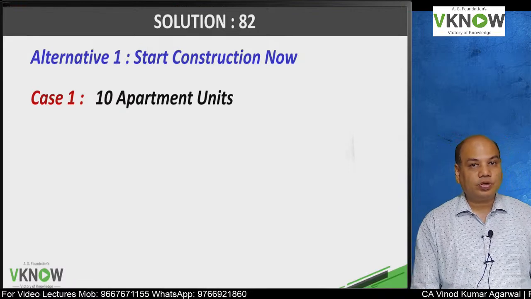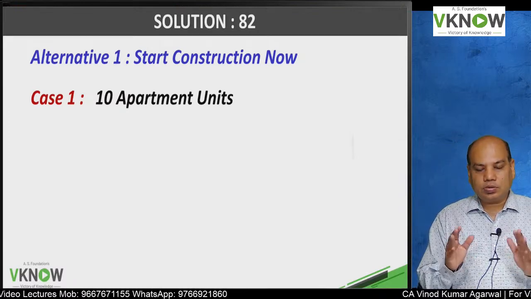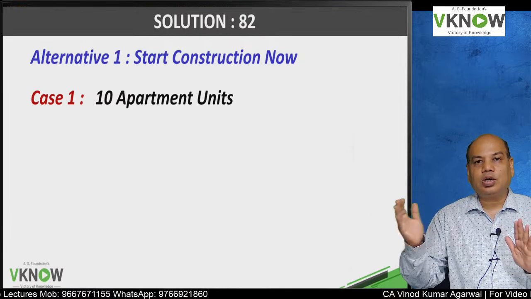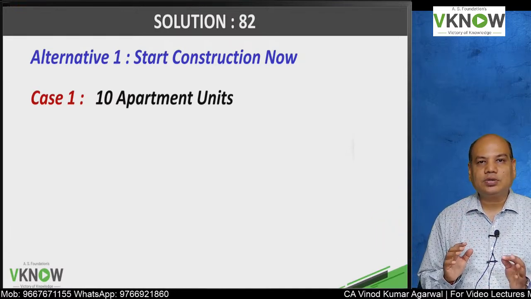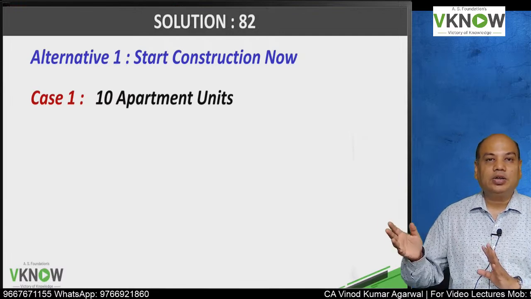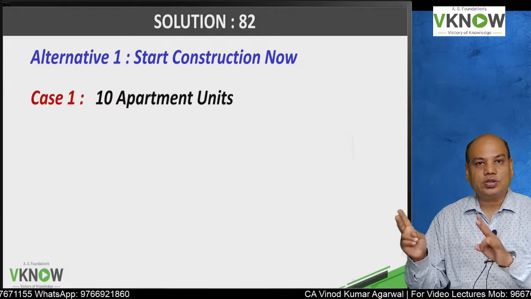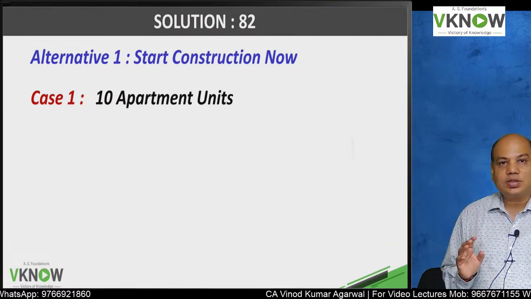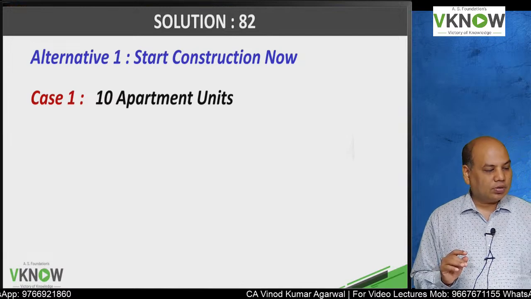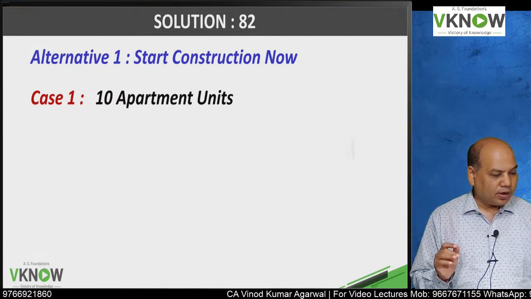Now also we have two choices. So there are broadly two choices, now or later. Under now also we have two choices, 10 flats, 15 flats. Later also we have two choices, 10 flats, 15 flats. So I have to write total 6 answers first and compute the profitability.